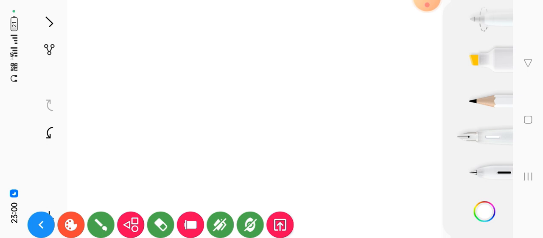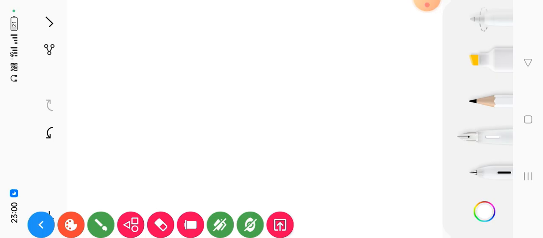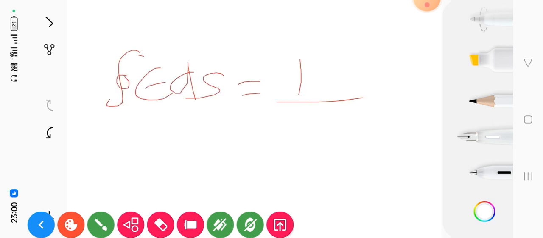So in this, what I can do, let me do it. We were done with Gauss's law, and this was 1 upon epsilon naught, Q enclosed was lambda L, which we have found out.